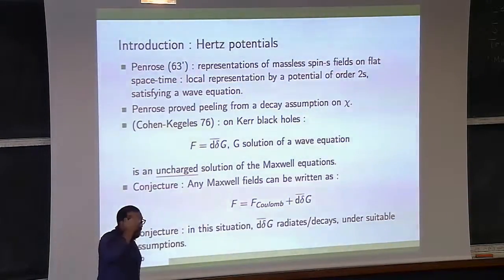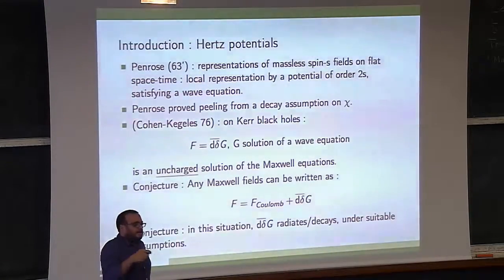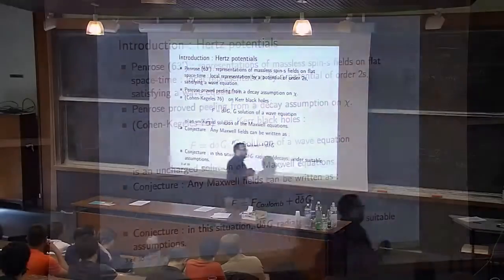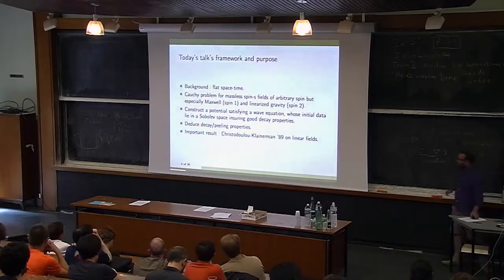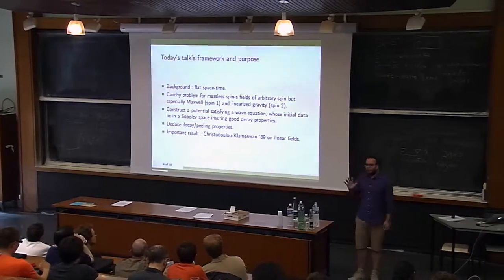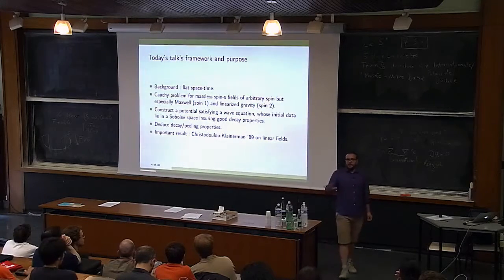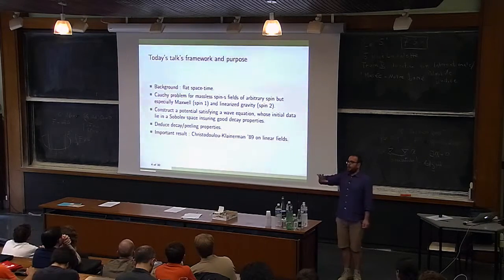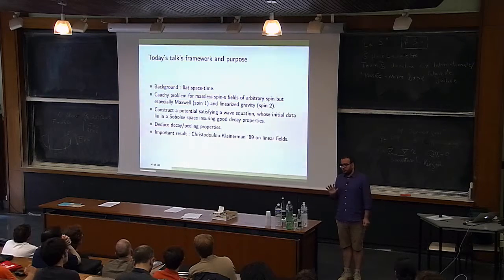So now that I have given these hopes, let's say immediately that we have to, for the duration of this talk, forget about them. The purpose of this talk is the following. We just want to understand, in the simplest case, what we can do with this Hertz potential to study the decay of higher spin fields.